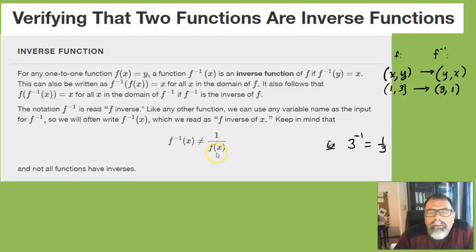So if I wanted this one, I would have to write like f of x and say I'm taking that to the negative 1 power, and then that'll be this one. Okay, so that equals 1 over f of x, which is totally different than f inverse. And also note that not all functions have inverse. They left off the word. It should say inverse functions.